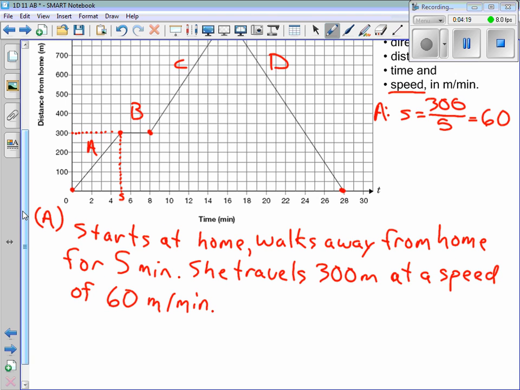What goes on in section B? I'll put a little B in brackets to let us know we're starting B. What's happening in section B, Nicole? Yeah, she stopped. So we can say she stops. How long is she stopped for? This section starts at 5 minutes and ends at 8 minutes, so she is stopped for 3 minutes.